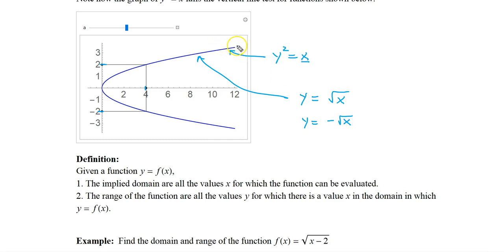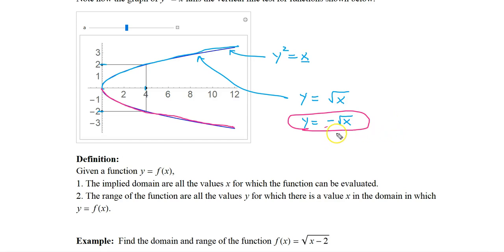The top part right here is the graph of positive square root of x, and this piece down here is the negative square root of x. So when you try to solve this equation for y in terms of x, you actually get back two different functions, positive square root of x and negative square root of x.